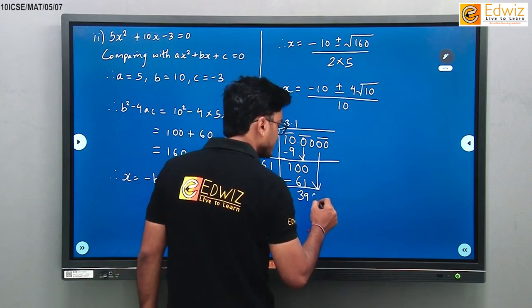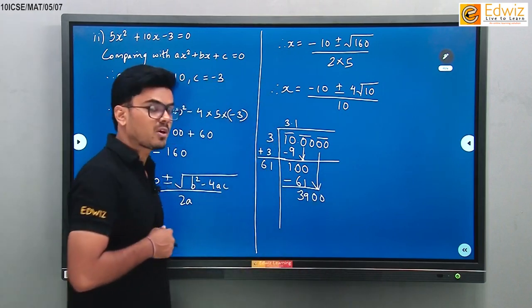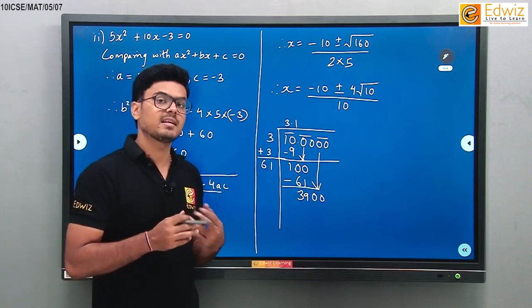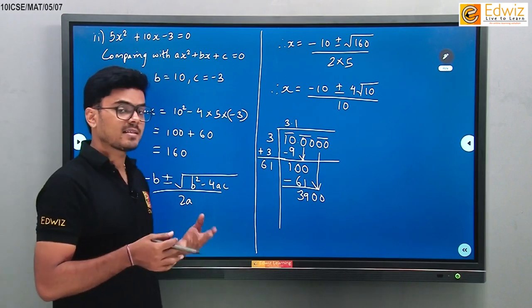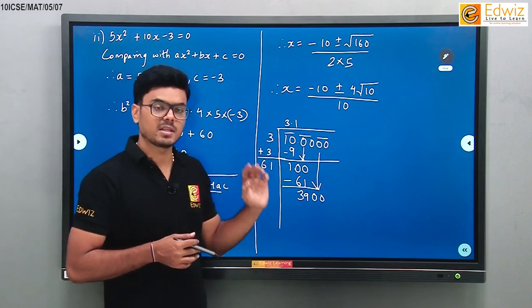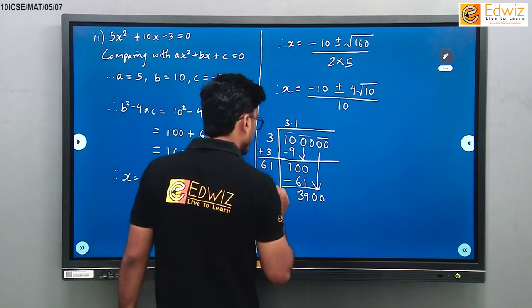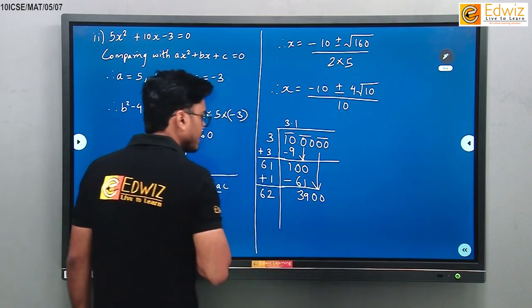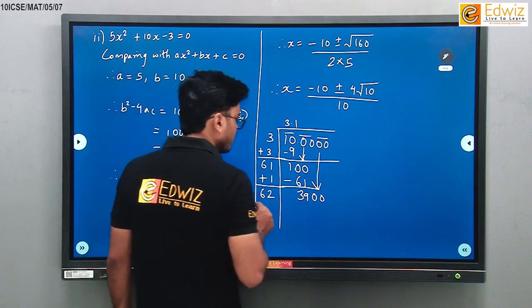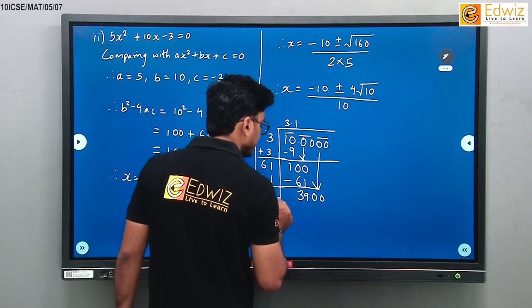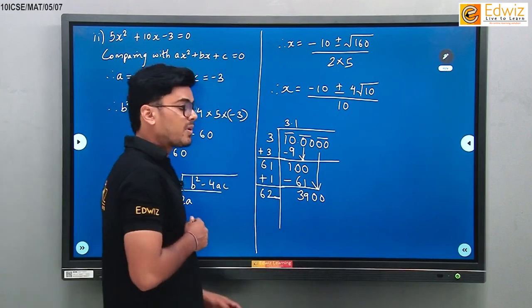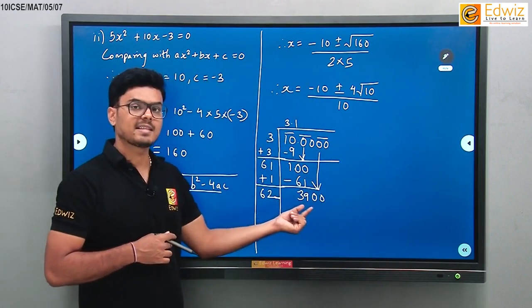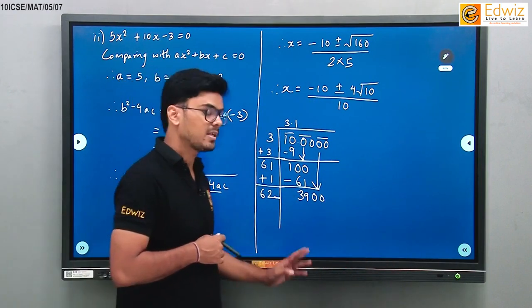So minus 39 is what we get. Take the next pair of digits below. I am doing this because I want to find out whether the number coming after 1 is greater than 5, okay? If that is the case, it will become 3 point something else. Let us find the next number. Plus 1 if I do here, you will get 62, correct? For 62, you need a third digit once again in such a way that when multiplied with the same digit, this number will become less than or equal to 3900.